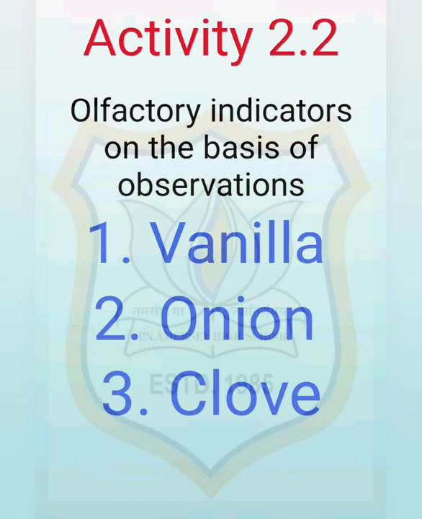Take some dilute hydrochloric acid solution in one test tube and dilute sodium hydroxide solution in another. Add a few drops of dilute vanilla essence to both the test tubes and shake well. Check the odor once again and record changes in odor, if any. Similarly, test the change in the odor of clove oil with dilute HCl and dilute NaOH solution and record your observations.